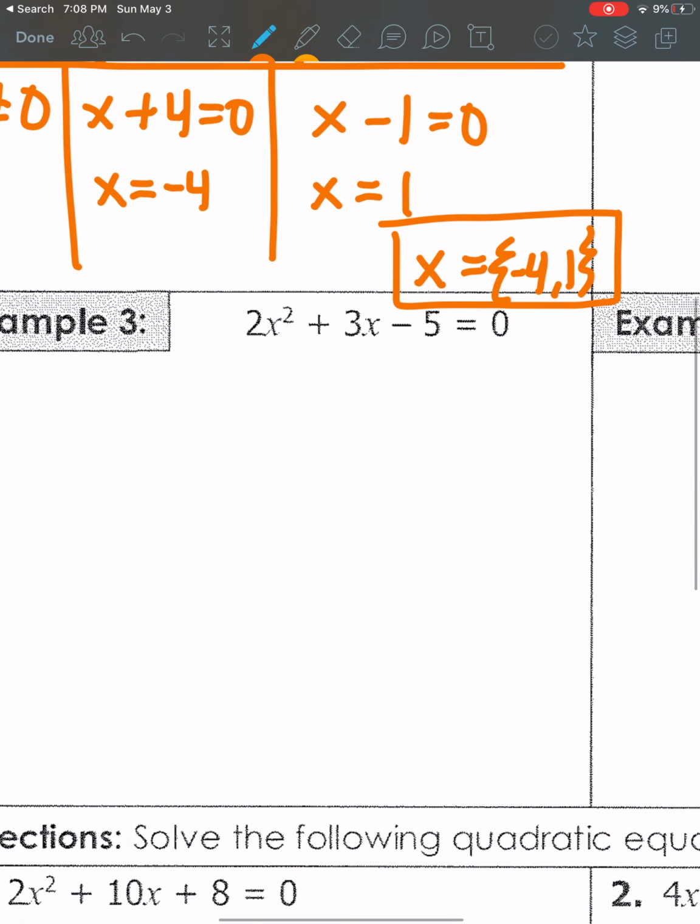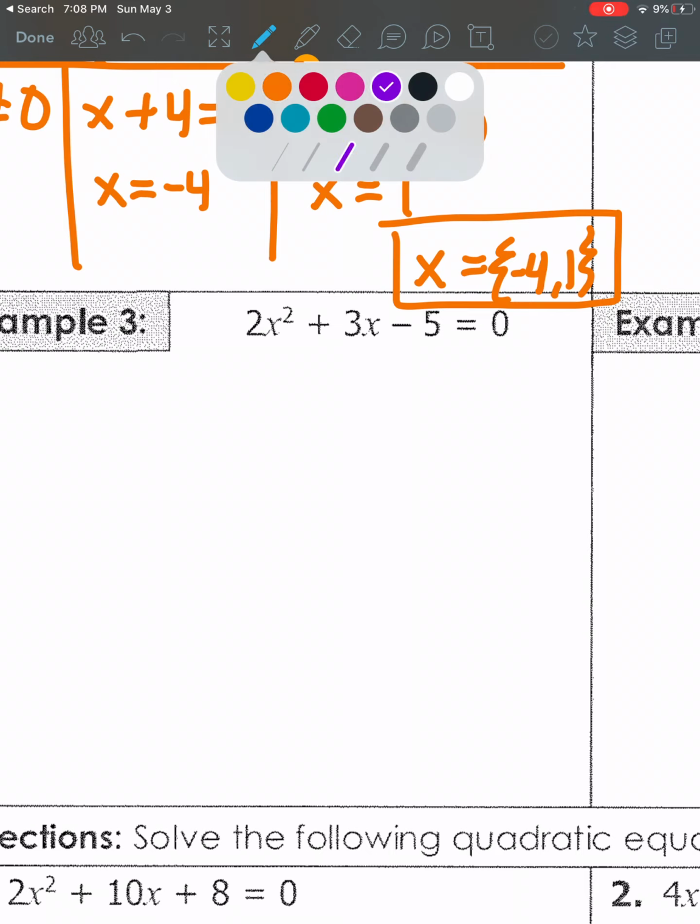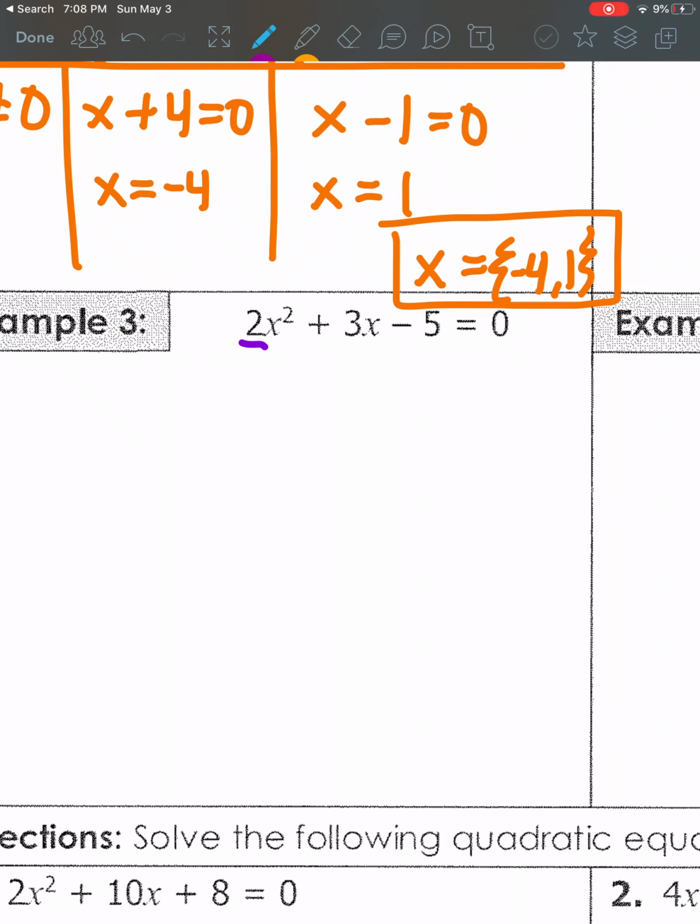Now, if we look at the next example, 2x squared plus 3x minus 5, if we look at our coefficients, there's no GCF besides 1. So we can't pull out a GCF. So in this case, me personally, we learned a little different in class, but the a value is prime, so we know the only possibility is for one to be 2x and the other one to be x.